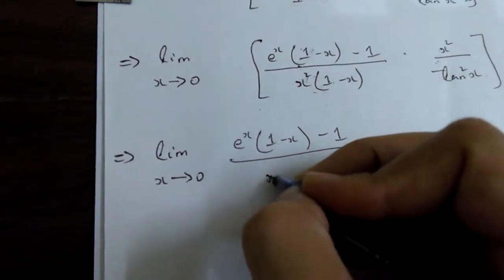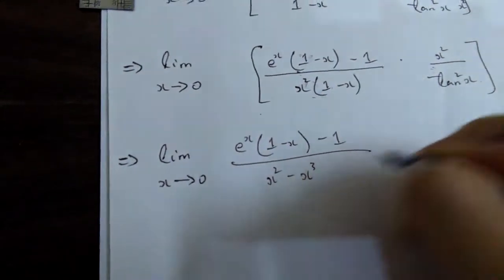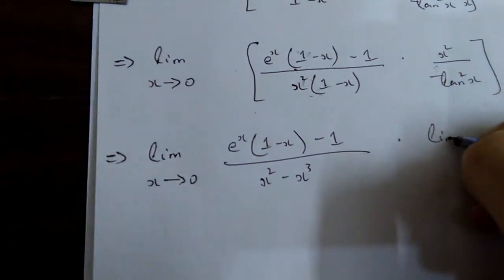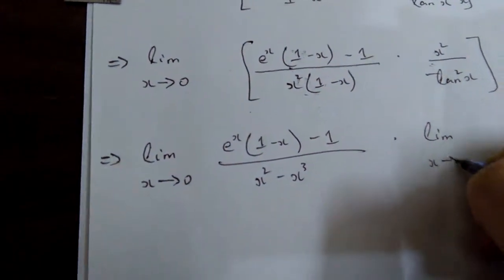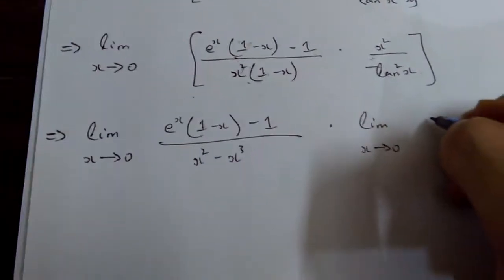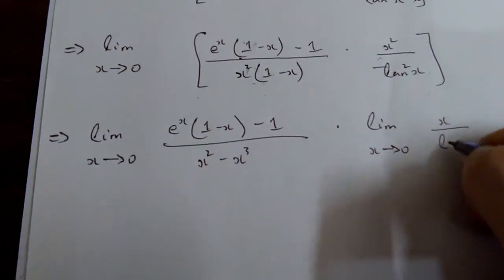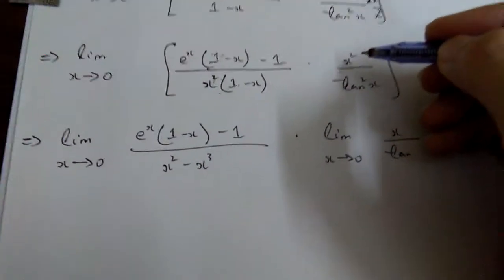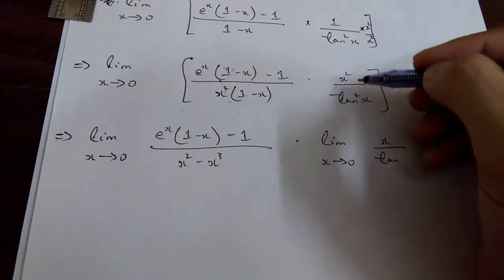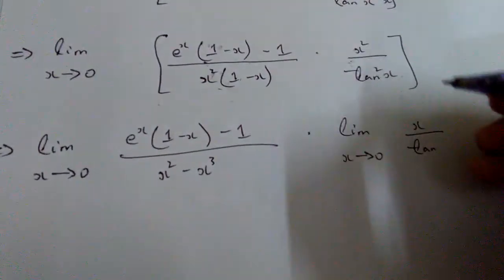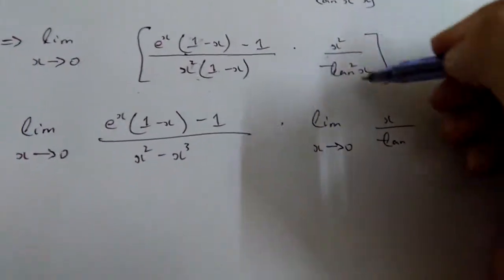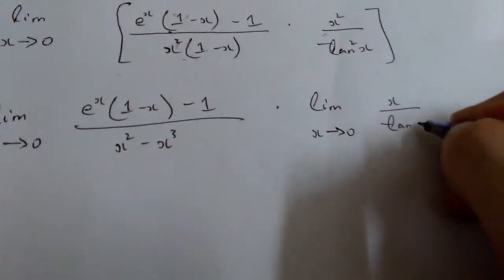I can write here (x squared minus x cubed), and then the limit x tends to 0, x upon tan x. You see both these functions are in whole square, so you just write them as a whole square.